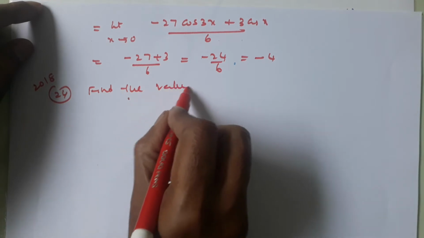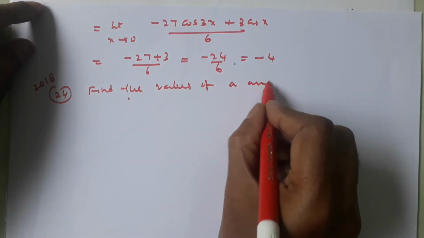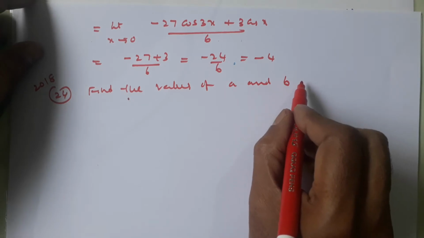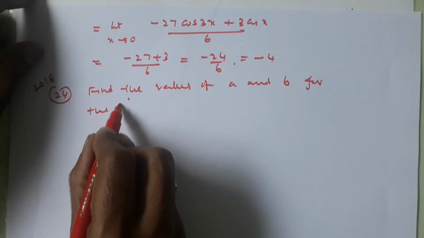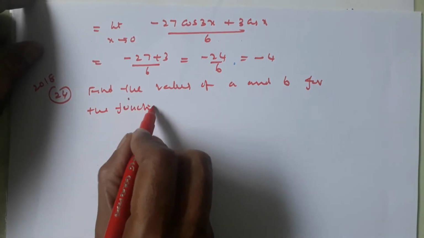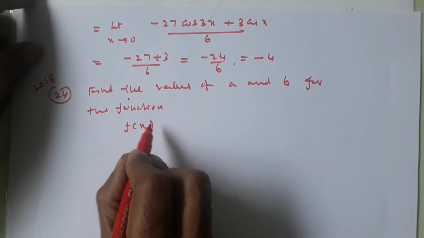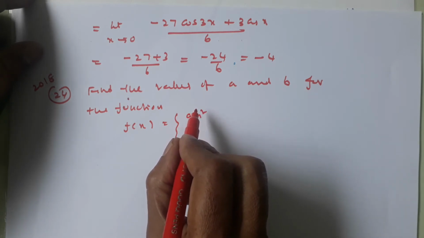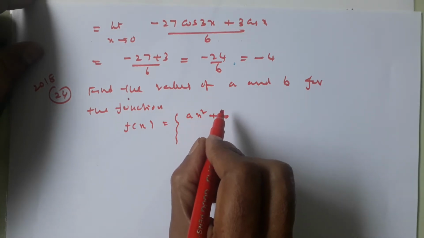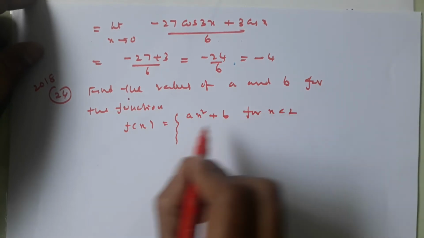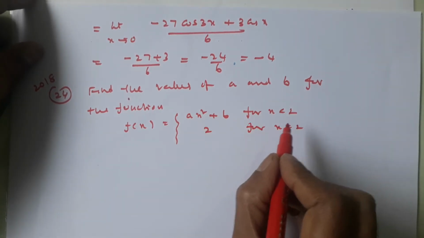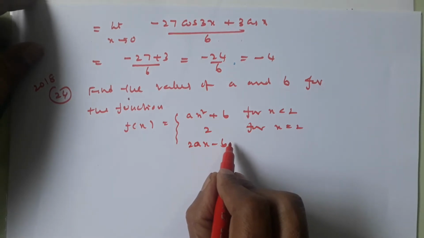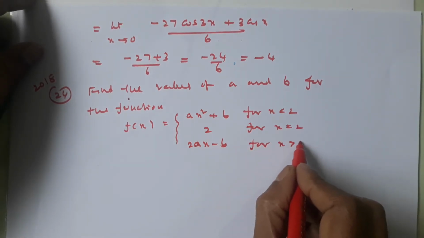Find the values of a and b for the function f of x equal to ax square plus b for x less than 2, equal to 2 for x equal to 2, and 2ax minus b for x greater than 2.